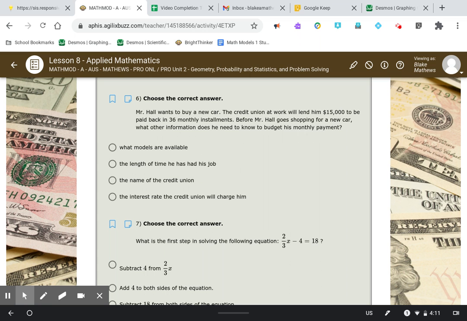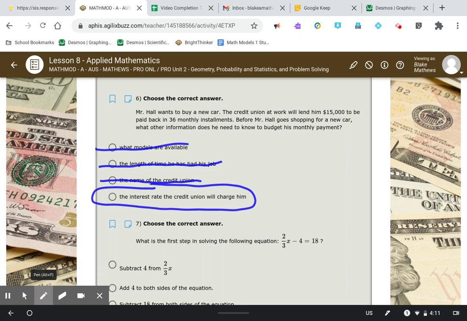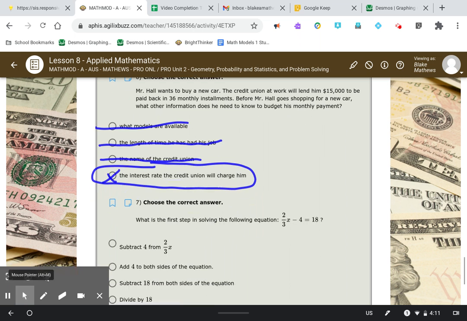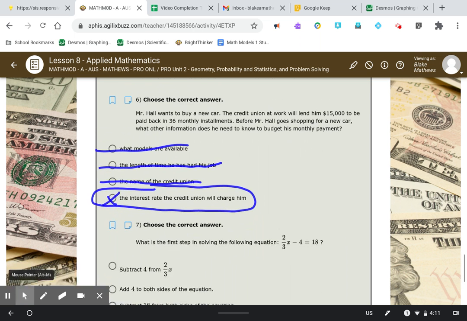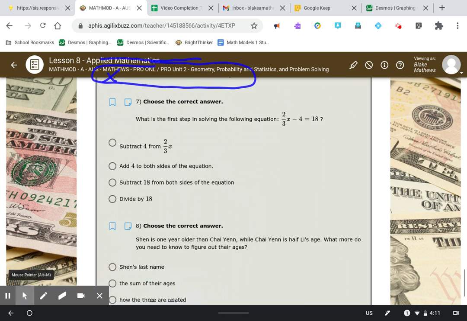What models are available don't tell me how much I'm going to pay when I borrow $15,000. The length of time I had the job doesn't tell me anything about how much I'm going to pay. The name of the credit union doesn't tell me anything either. So really the interest rate is the thing that's going to tell me how much I pay. It's kind of a strange one. That's more or less common sense, but you got to know how that kind of thing works.